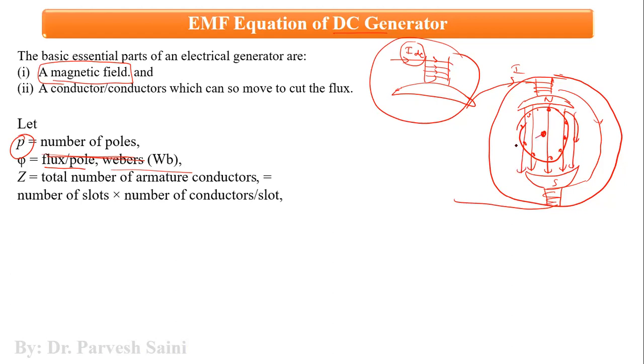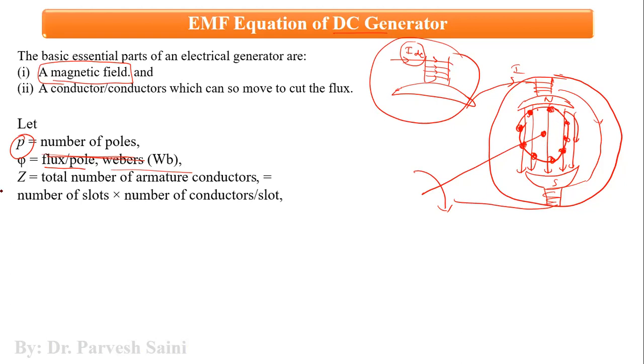To rotate this rotor in the magnetic field, we make use of a prime mover, either a turbine or some mechanism through which we have coupled the rotor part of the machine, and we are rotating it in the magnetic field, right? When these conductors placed on the periphery of the armature cut the magnetic field, we will have an EMF induced on these conductors.